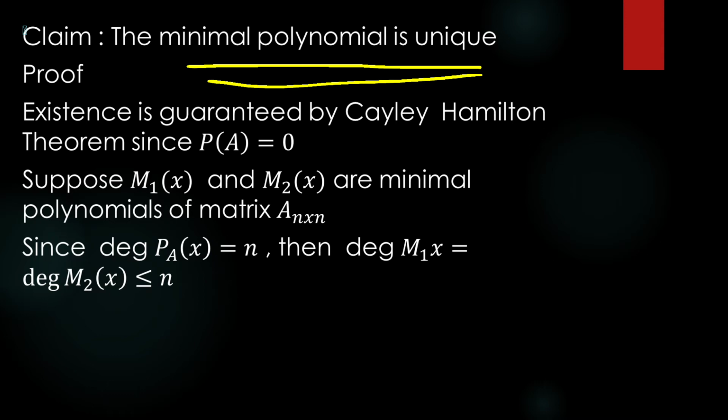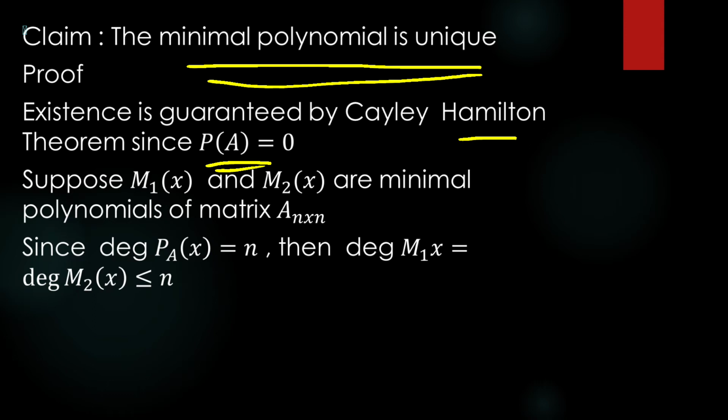We know the existence of a minimal polynomial is guaranteed by the Cayley-Hamilton theorem, because we know p(A), the characteristic polynomial of A, will definitely be equal to 0. So the minimal polynomial exists by virtue of the Cayley-Hamilton theorem.